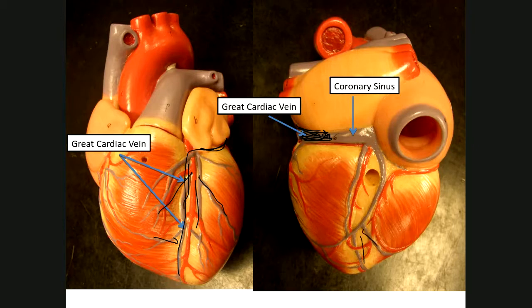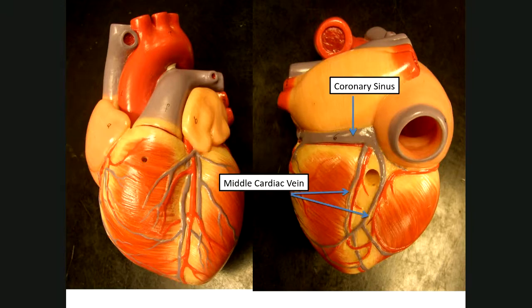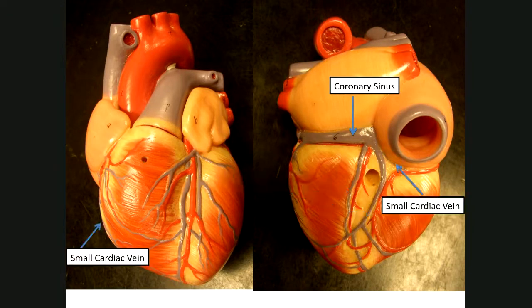Remember, it starts out small, merges, and it's going to get bigger and bigger until we reach that right there. And then here's the small over here. The small is on this side, and it's going to run around this way until it gets over here.